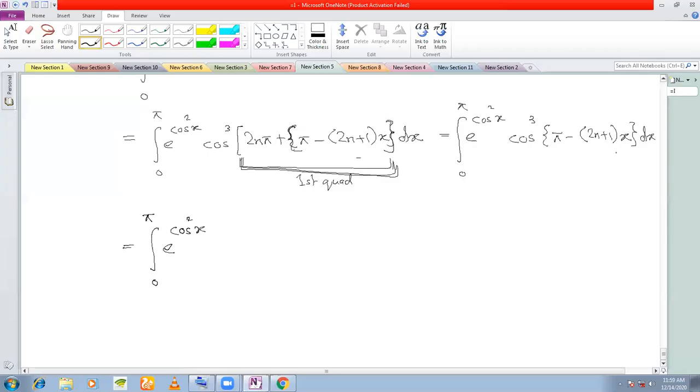Now in which quadrant is the angle pi minus (2n plus 1) x? Pi minus something means this angle is in the second quadrant, and in the second quadrant cos is negative. So you can write this as minus cos of (2n plus 1) into x raised to the power of 3. Write this way.